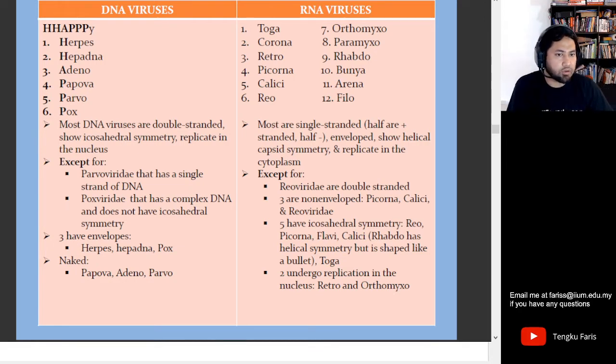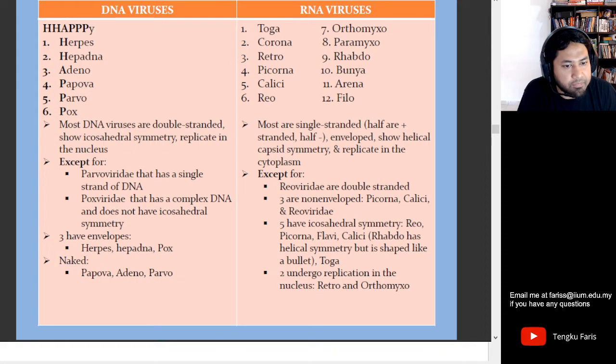They show icosahedron structure. They can replicate inside the nucleus, except for Parvoviridae that have a single-strand DNA. Poxviridae have a complex DNA and do not have icosahedron structure. We have two exceptions here.